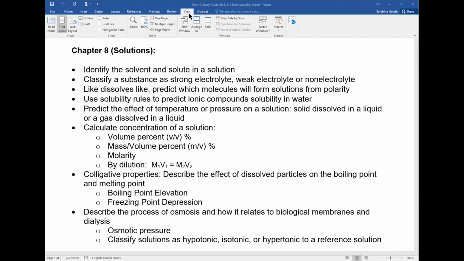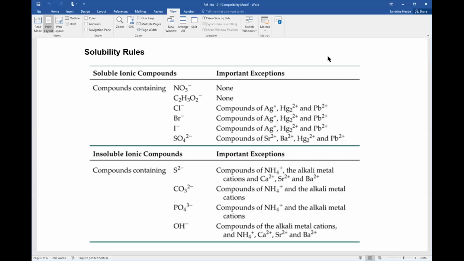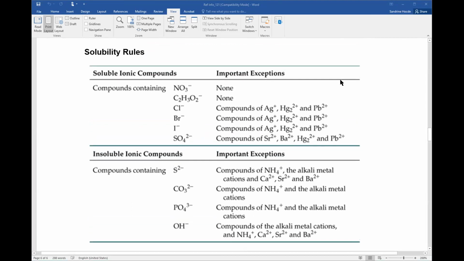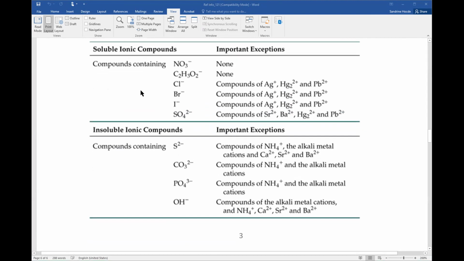For this, you would use the reference packet. Page 3 of the reference packet, those yellow pages I gave you as references that you will have for the exam. There is a table of solubility rules. These are empirical rules that have been determined by observing what happens when you try to dissolve ionic compounds. So this is only to determine the solubility of ionic compounds.